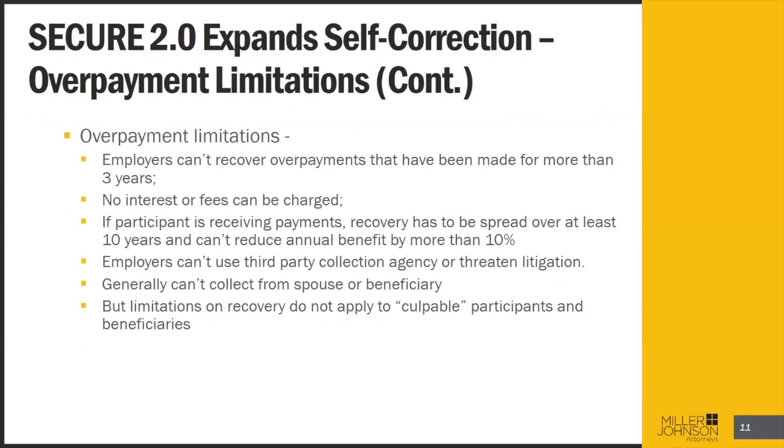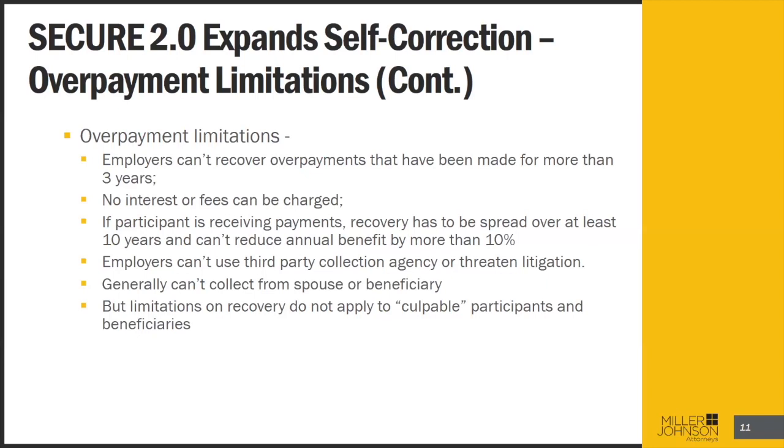In terms of those limitations, if the employer decides to recover those overpayments, you can't recover overpayments that were made more than 3 years ago, or that began over 3 years ago. You can't charge interest or fees on the overpayment you're trying to recover.